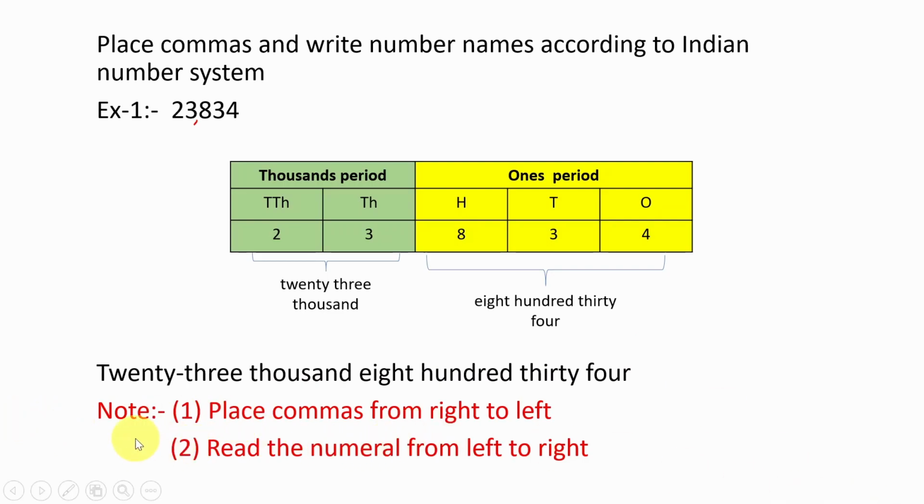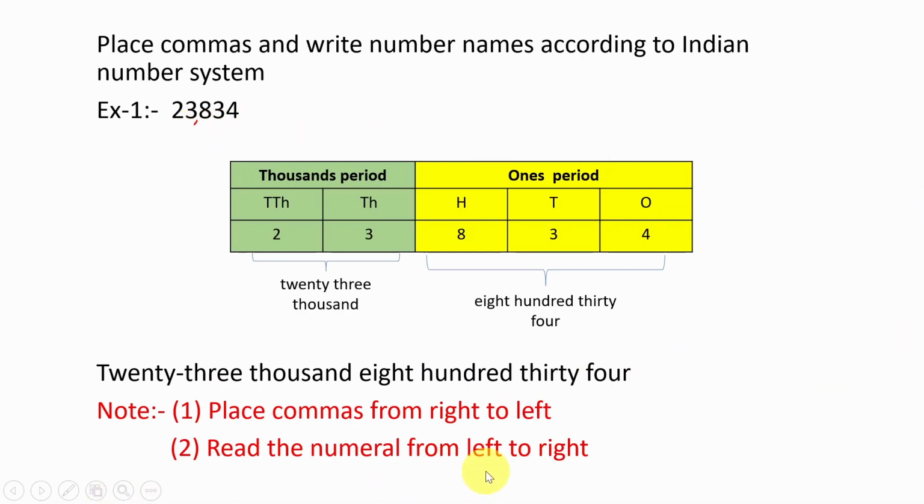See, follow these rules. Place commas from right to left. While inserting, we have to start from here, from the ones place. What is the ones period? Ones, tens, hundreds. After this, we have to place a comma. This ones period and thousands period should be separated by a comma.